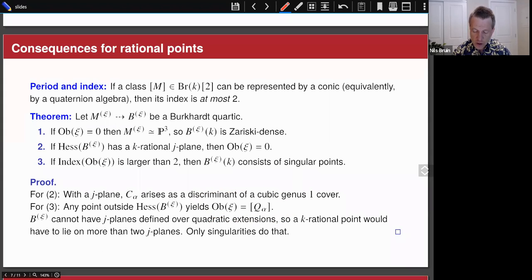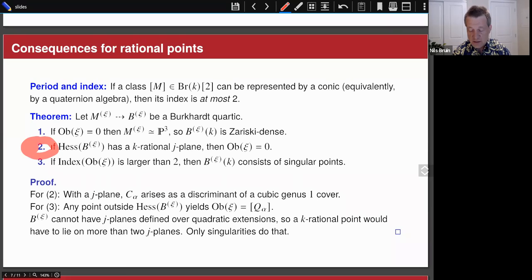And furthermore, you see that if your index is larger than 2, then no quadratic extension will kill your obstruction, which means by this step 2 here that no J-plane can be defined over a quadratic extension.